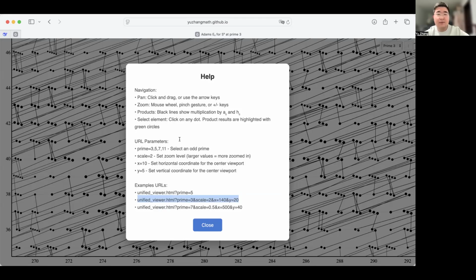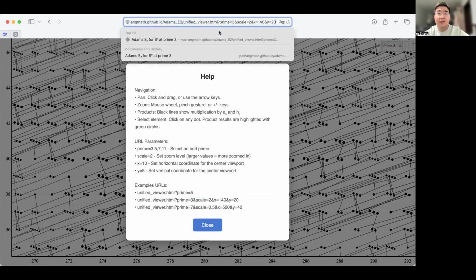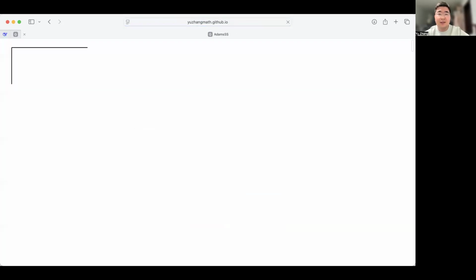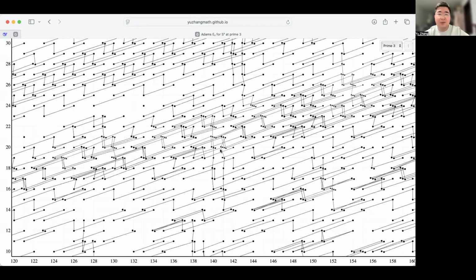You just copy it, paste it here, and press enter. That will go to the degree you specify. Your specified degree will be placed in the center of your screen.